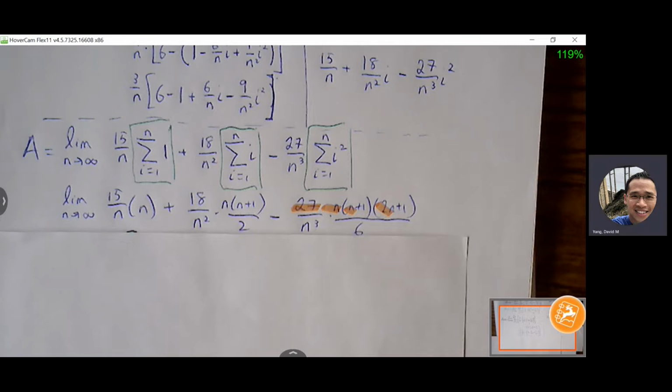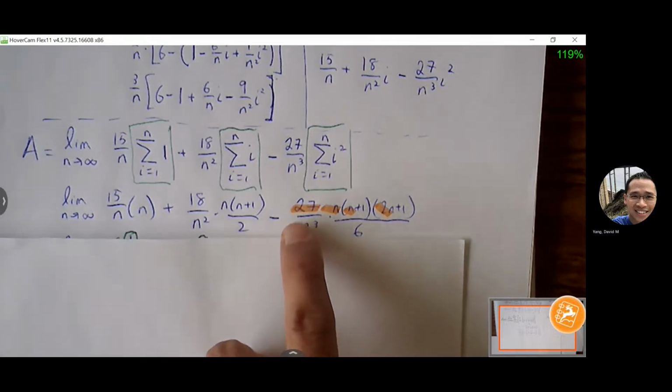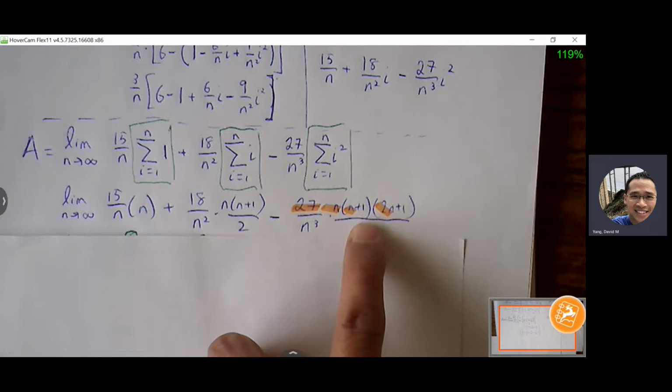So now we're going to try to clean things up a bit more. Our goal is to find matching degrees because we're doing the limit as n approaches infinity. If I can get matching degrees, then I only care about the fractional value that sits in front, right? The ratio of the coefficients. Now this last term feels a little messy, right?